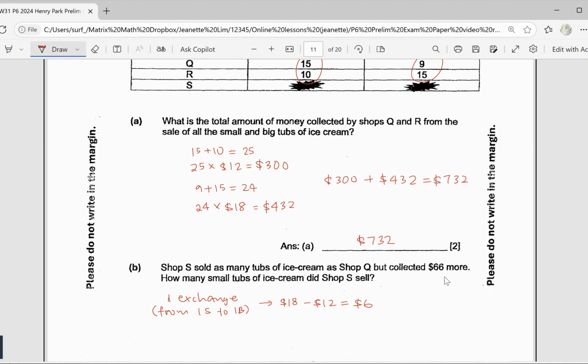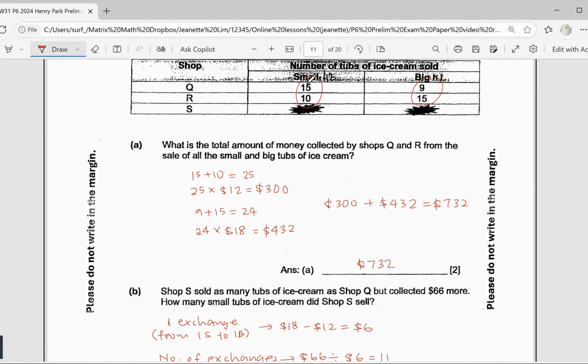So the number of times I do this exchange, number of exchanges, will be 66 divided by 6. Okay, we're doing this 11 times. So 11 is the number of times I'm swapping from small to big.